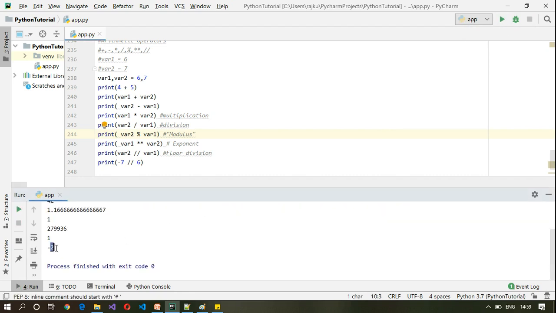You can see the value is minus 2 instead of minus 1. That is because the result of floor division is rounded away from 0, that is towards negative infinity. So that is why we get minus 2. Okay, so that is about arithmetic operators.